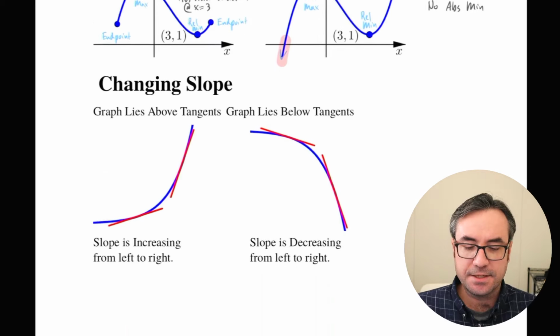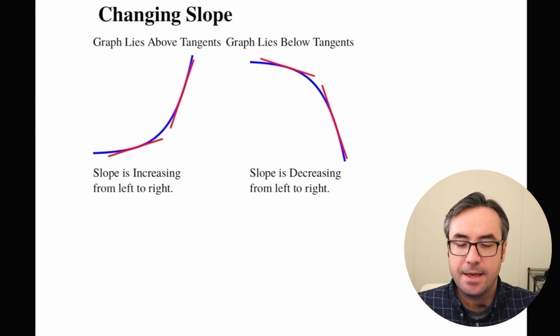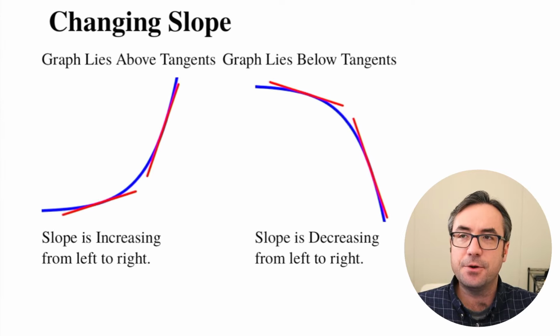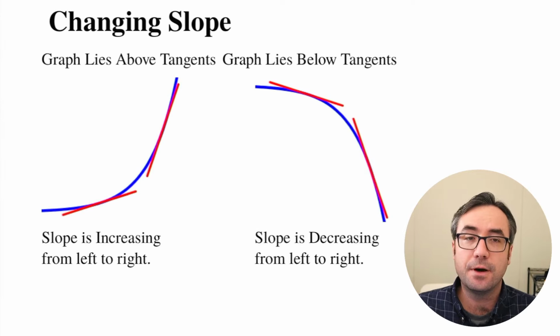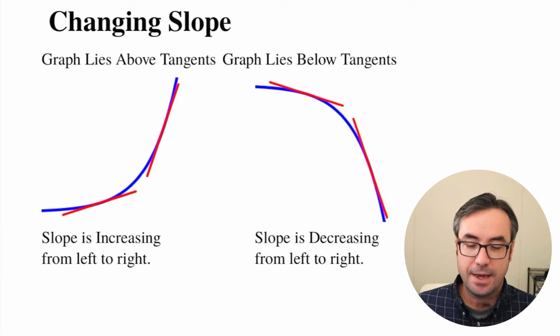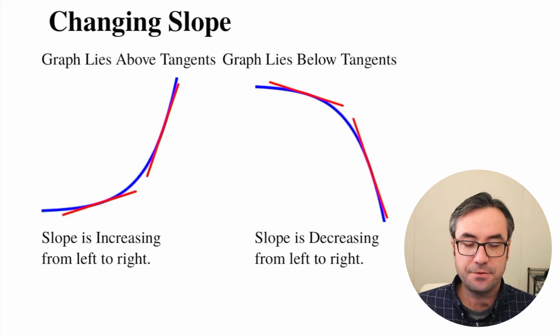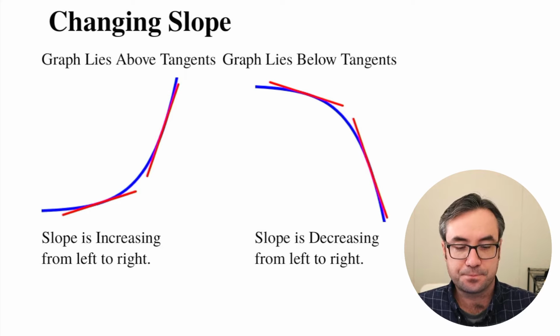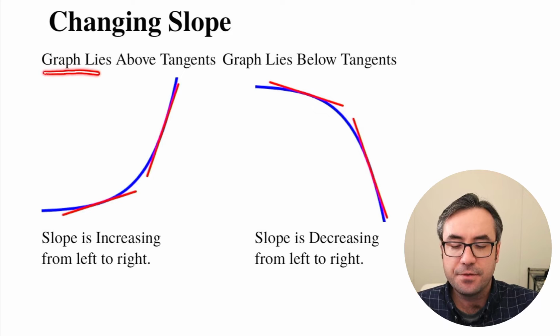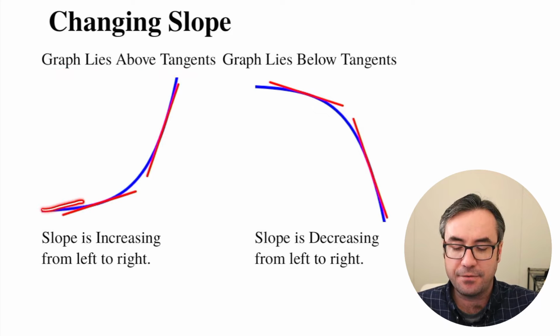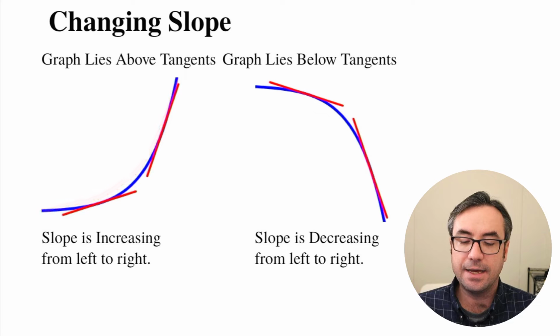And then one last thing we're going to be looking at is how the slope of our function actually changes. There are two ways it can change. We can have the situation where our graph lies above the tangent lines.